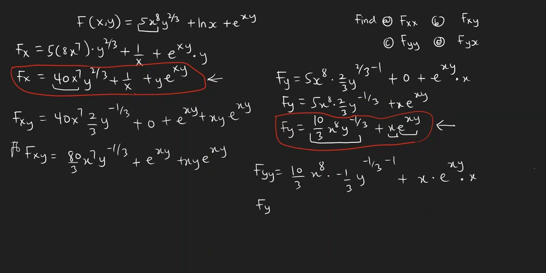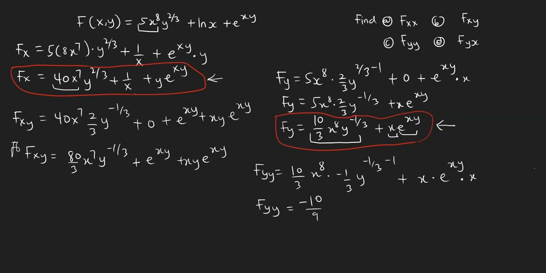I'm going to have fyy to be equal to 10 on 3 multiplying minus 1 on 3. So that gives us minus 10 on 9.